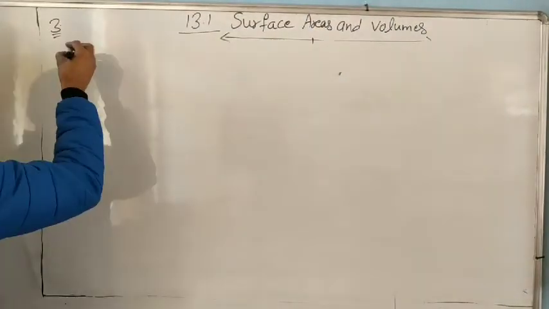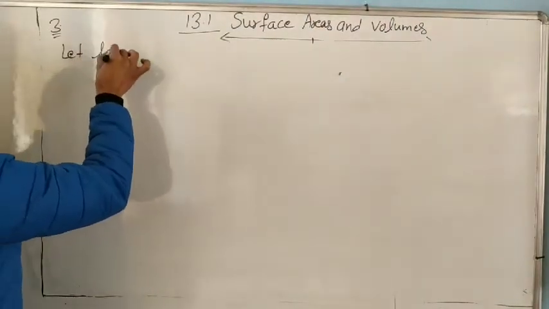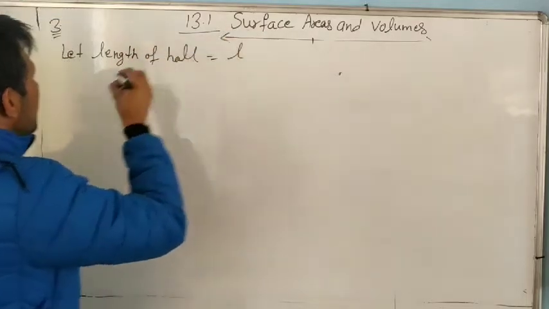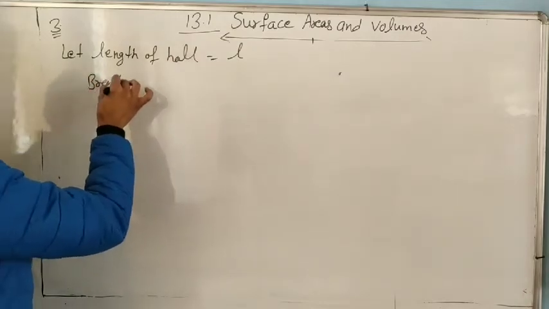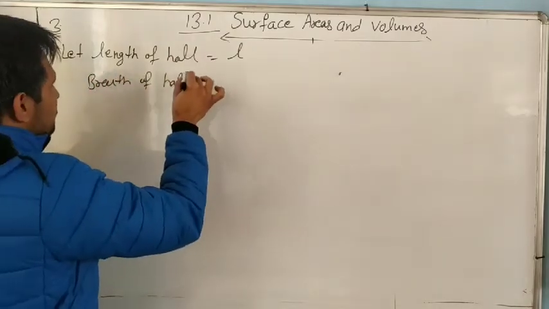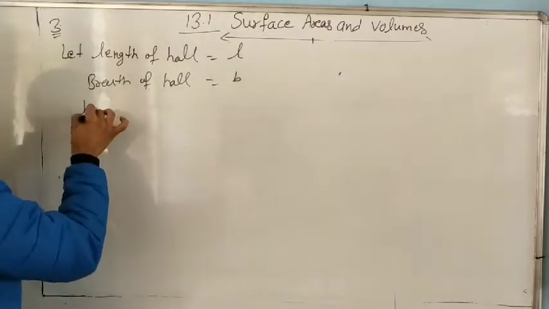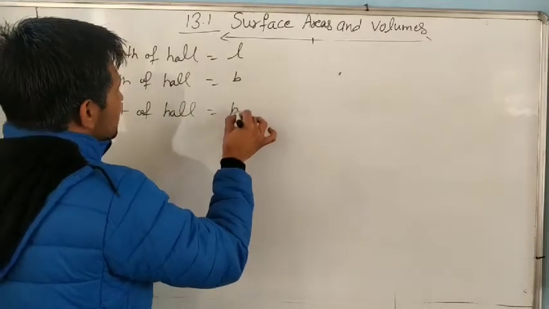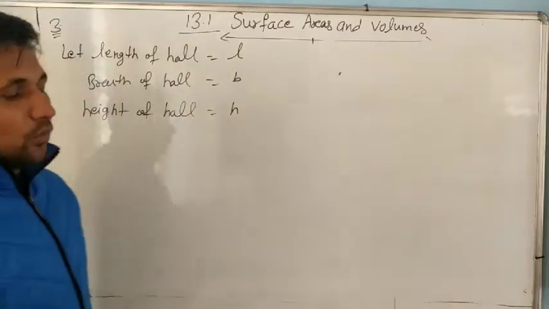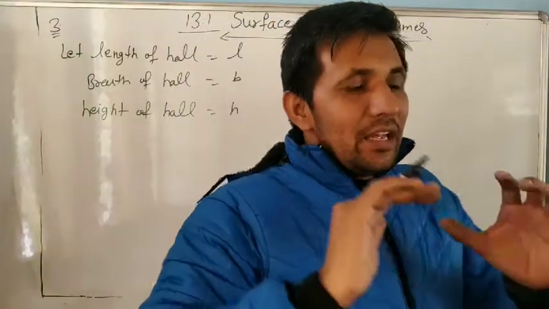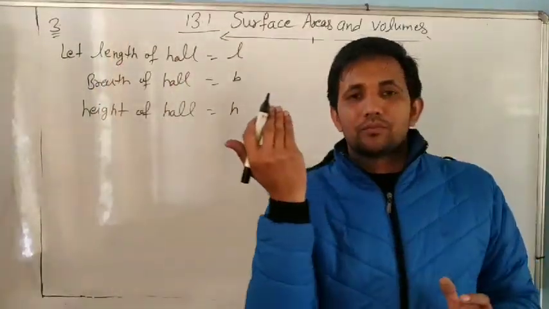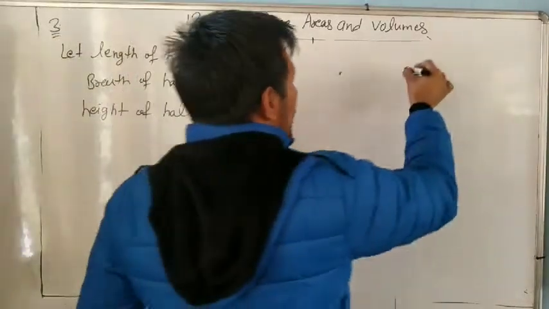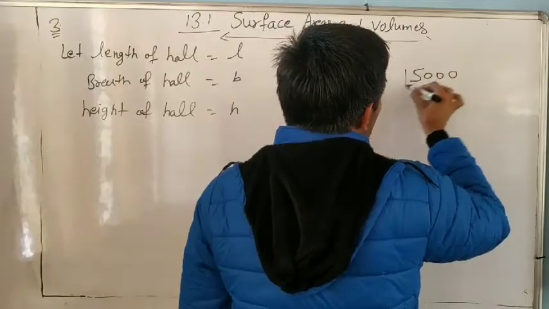So we write: let the length of the hall be L, breadth B and height H. In the question the total cost of painting the four walls is given: 15,000 rupees.